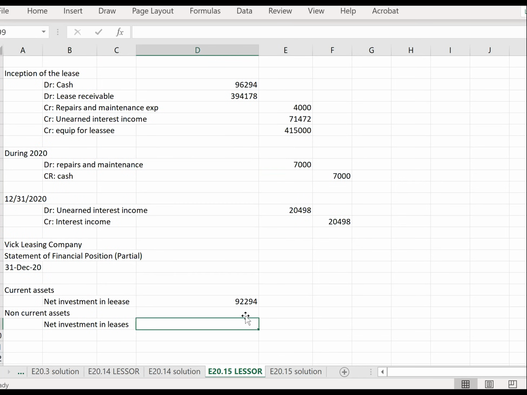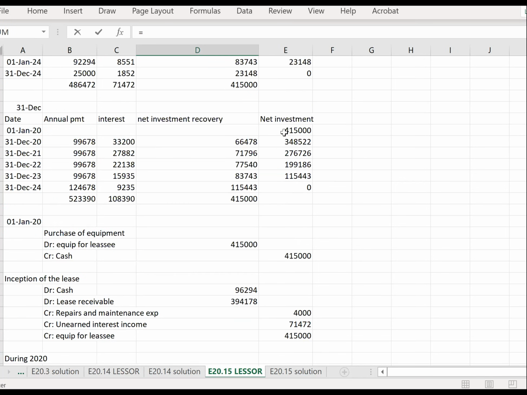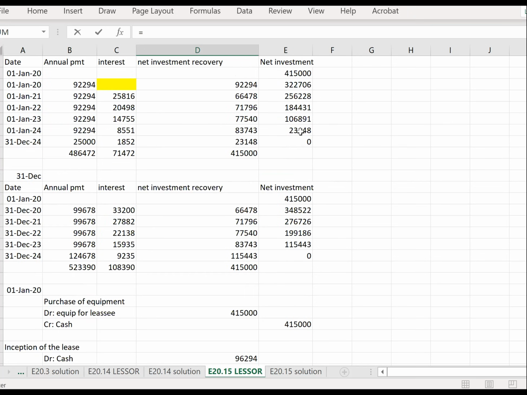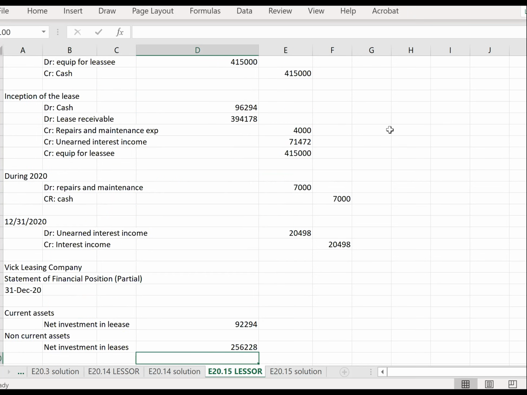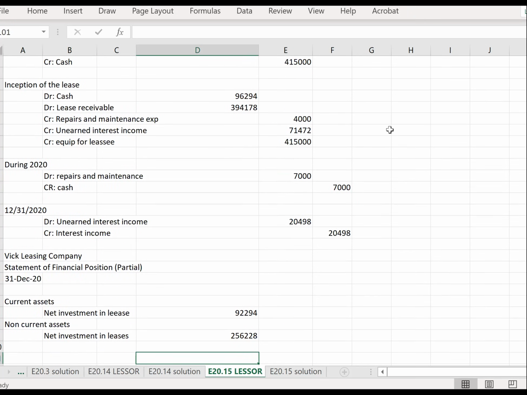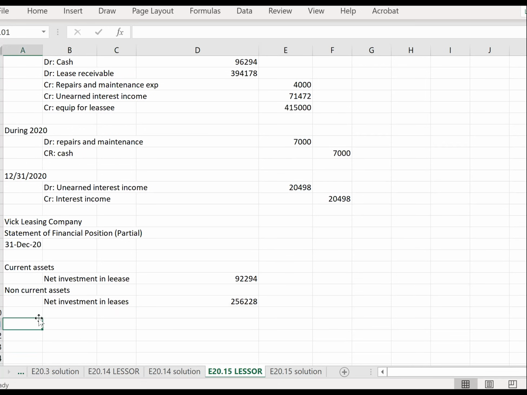So we're going to have here 256,228, which is going to be our non-current. So the total is obviously the sum of these two, which is 348,522. And down here, we also have to provide a reconciliation of the net investment in leases.